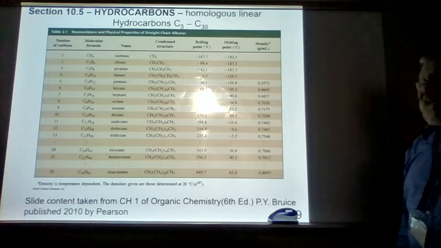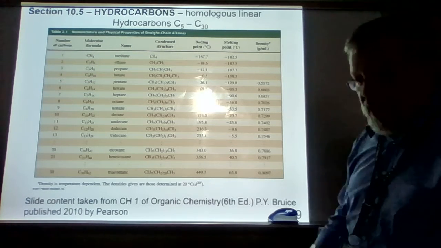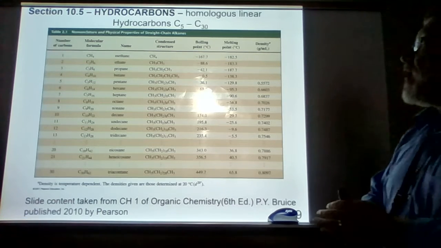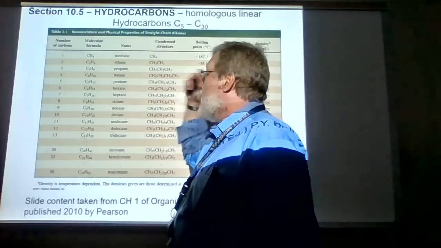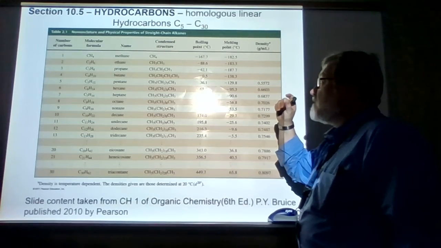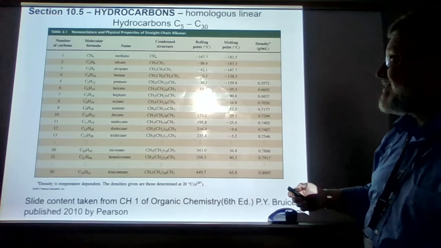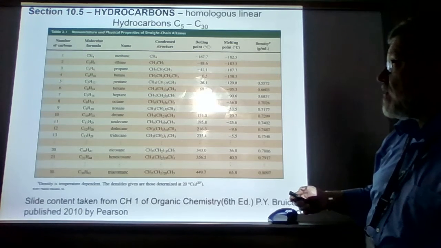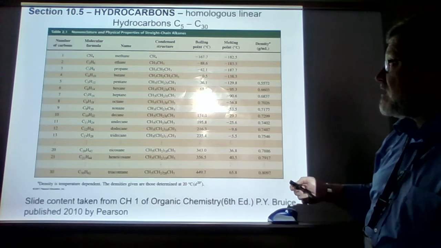Here are a molecular formula, the name, and the condensed structures of the various hydrocarbon compounds from C1 to C30. 1 carbon is meth, CH4, methane. 2 carbons has the prefix eth, ethane, CH3, CH3. Propane, prop, 3 carbons, C3H8, CH3, CH2, CH3.